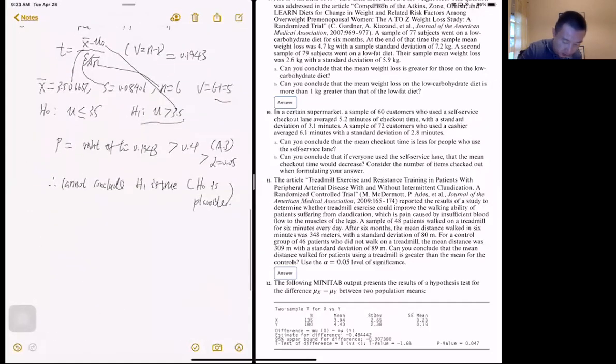For these questions, large sample difference between two means, we use the equation from 6.5, which is the z-score here.